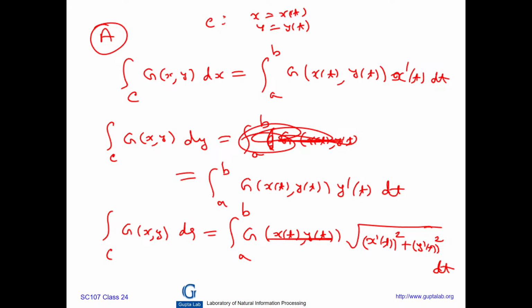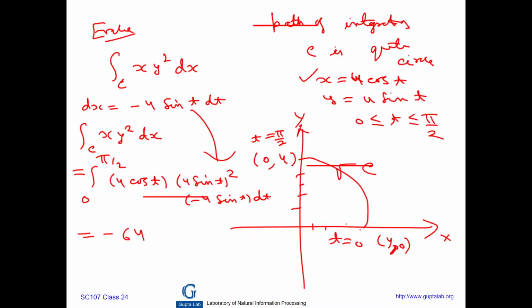That is the whole thing for along x, along y, and along the arc length, because if you draw a small triangle, dx over dt whole squared plus dy over dt whole squared is equal to ds over dt whole squared. So these are the simple formulas, and I think we have done some examples.